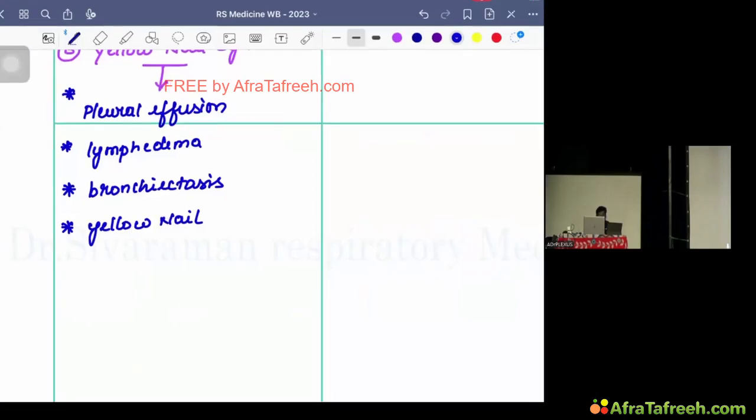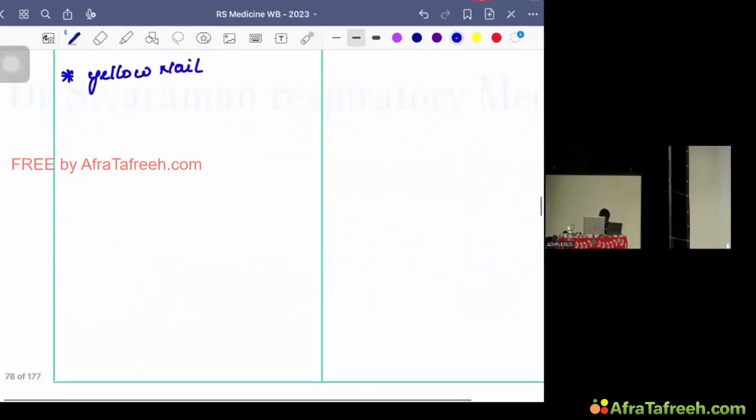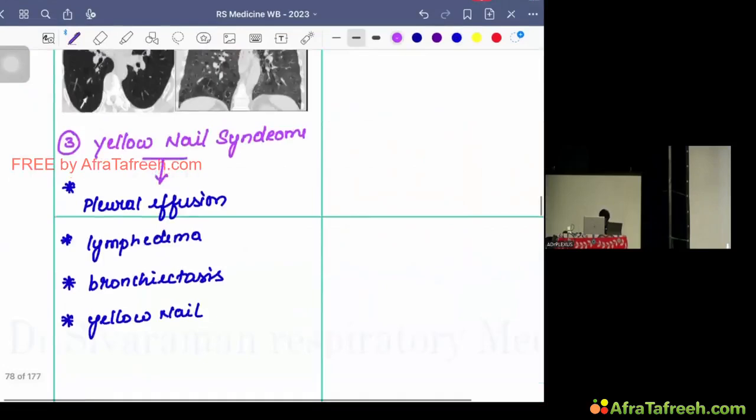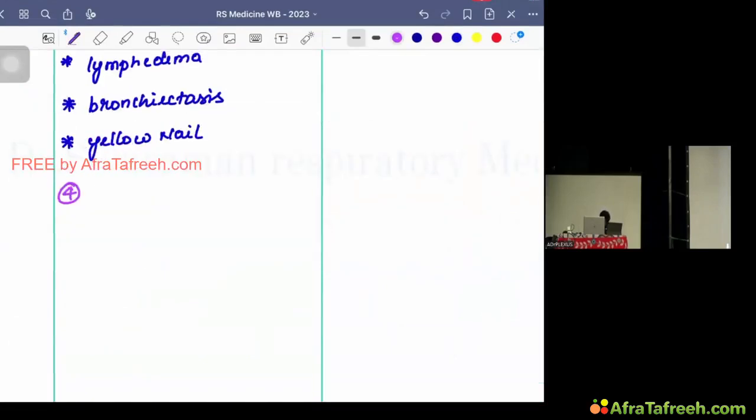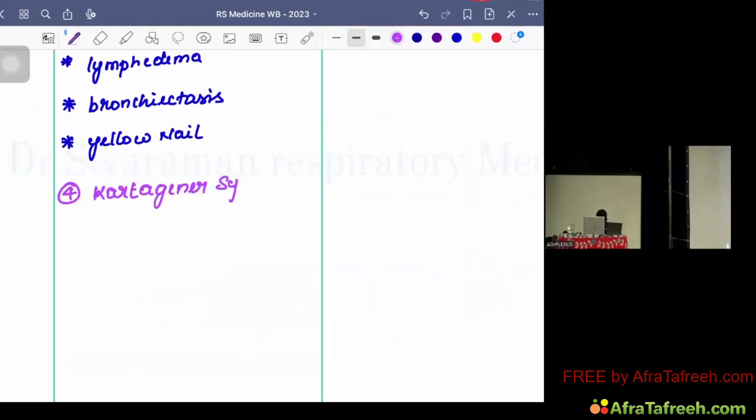Next, these patients are going to have another associated condition which is called Kartagener syndrome. What is Kartagener syndrome?